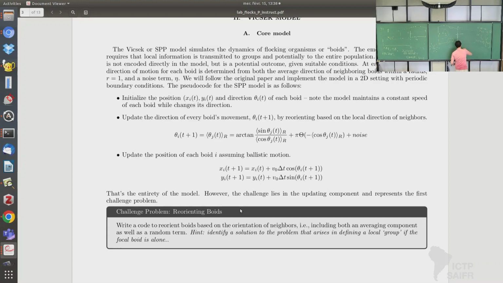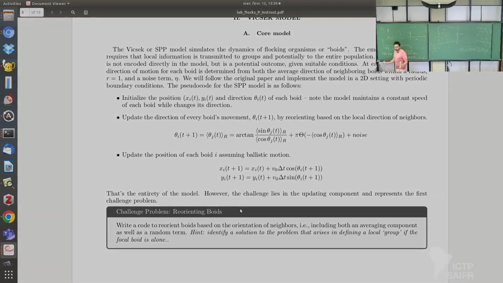The neighborhood, let's call it N_F, the neighborhood of F. If you didn't have periodic boundary conditions, it would just be the list of the birds such that the distances to F is less or equal than R. Okay?